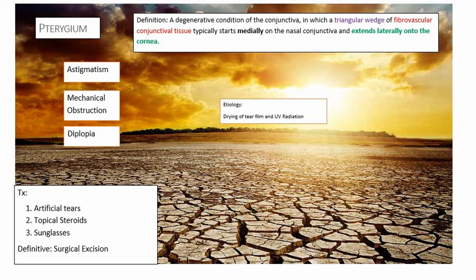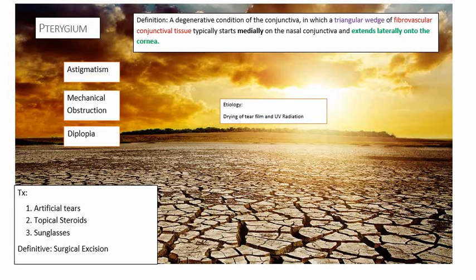The first concern is that it can cause obstruction of the visual axis. It can basically cover the pupil and therefore cause loss of visual acuity. This happens when the pterygium has become quite advanced. Before this stage, blurring of vision occurs because of induced astigmatism.